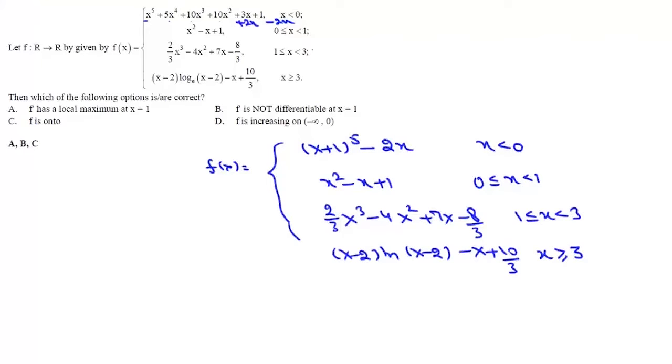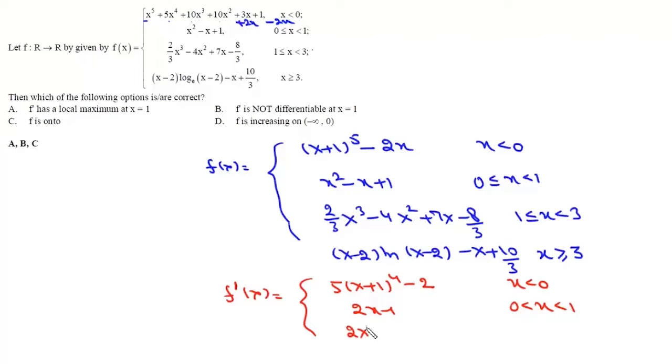Now for this function, if we look at f dash x, it will be 5(x plus 1) to the power 4 minus 2 when x is less than 0. Now this is 2x minus 1 when x lies between 0 and 1.